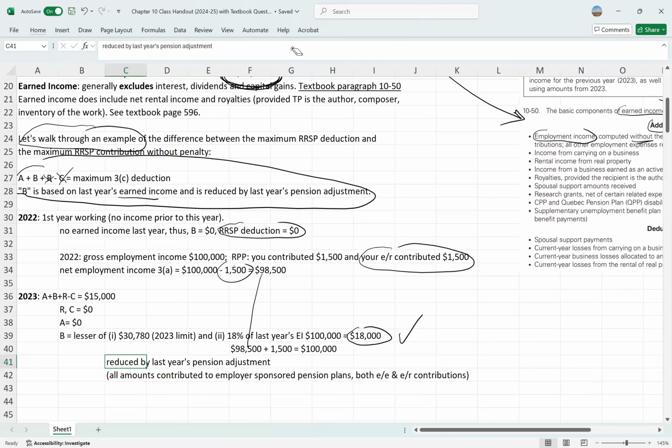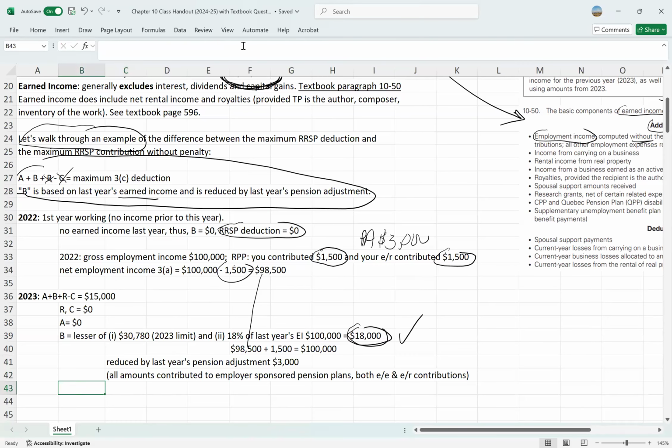And once again, if we go up here, last year we put in 1,500 into the company's sponsored pension plan, and our employer put in 1,500. So if we add those together, the pension adjustment is going to be $3,000. So the 18,000 needs to be reduced by last year's pension adjustment, which is 3,000.